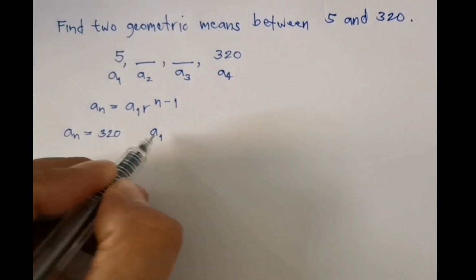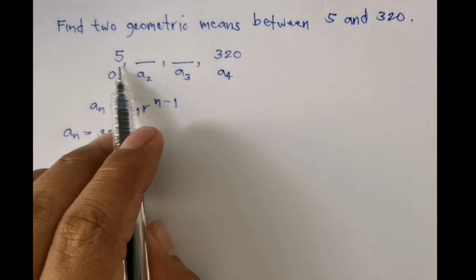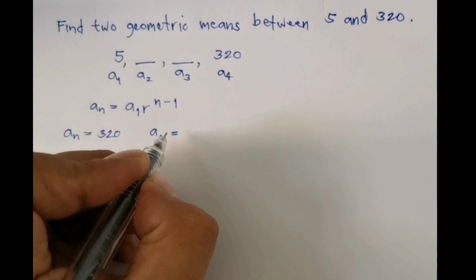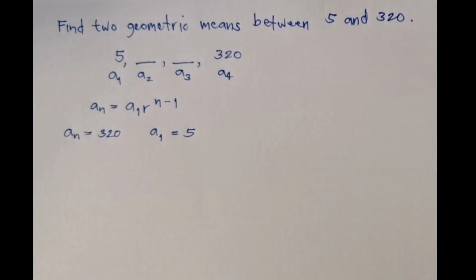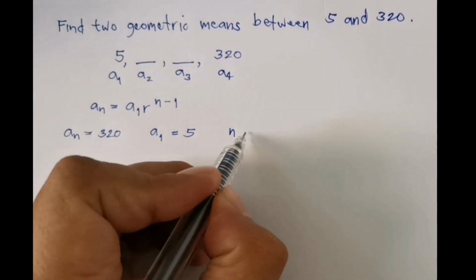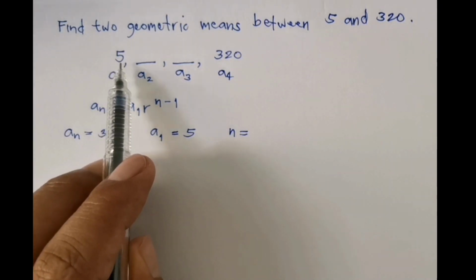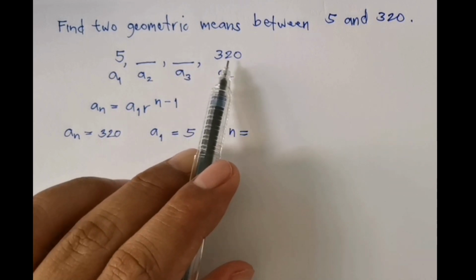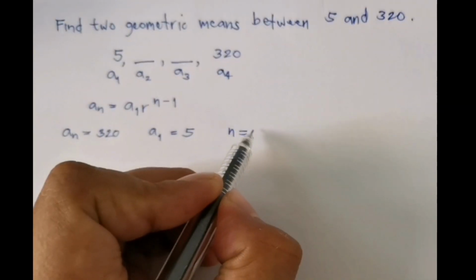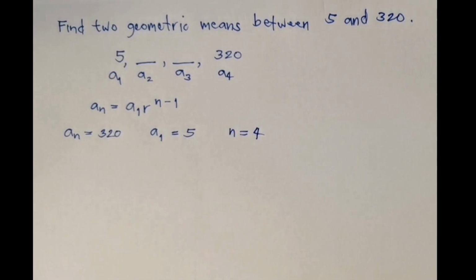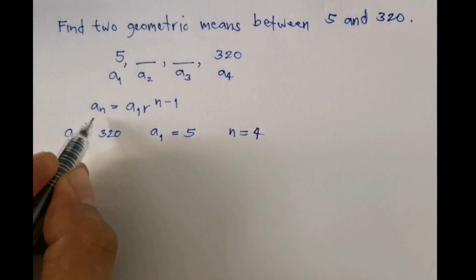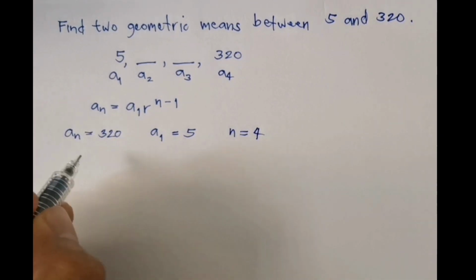Also, a sub 1, we all know that a sub 1 is 5. And last is the value of n, or the number of terms. So where do we get the value of n? We will count this representation: 1, 2, 3, 4. So that will be the number of terms. Okay, so let's try to solve. A sub n will be equal to 320.